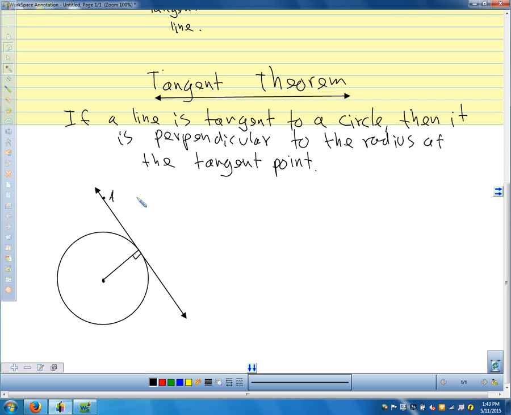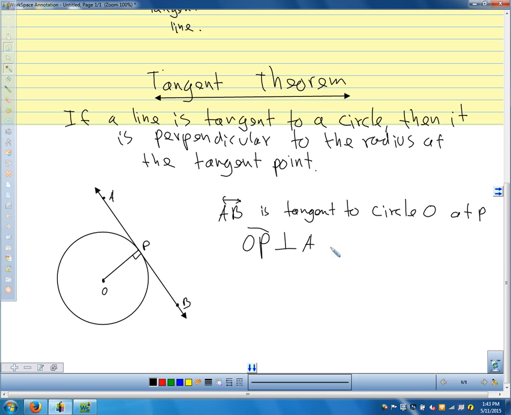And if we were to write this out with symbols, we would say that line AB is tangent to circle O at P. So OP is perpendicular to line AB.